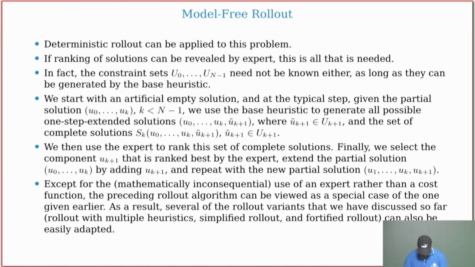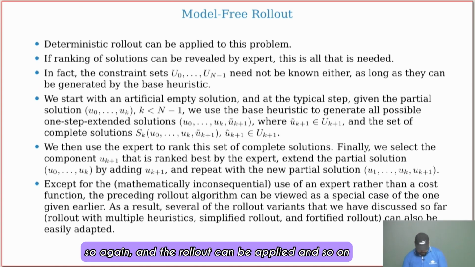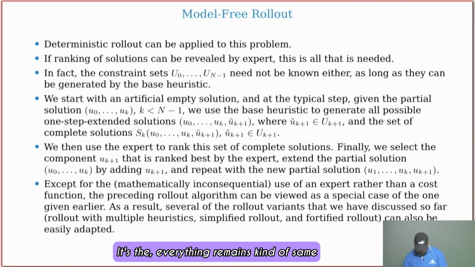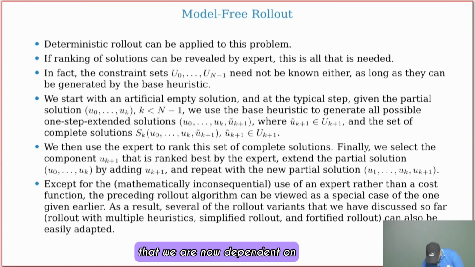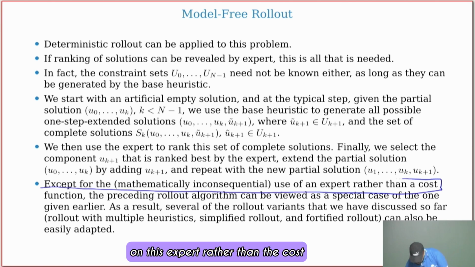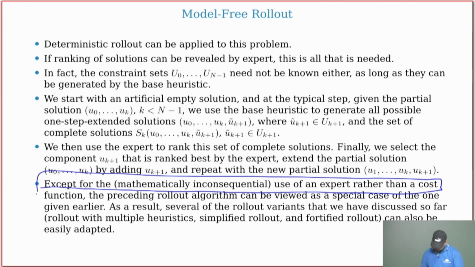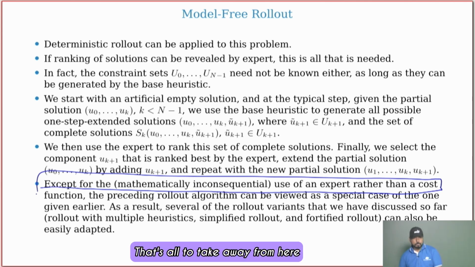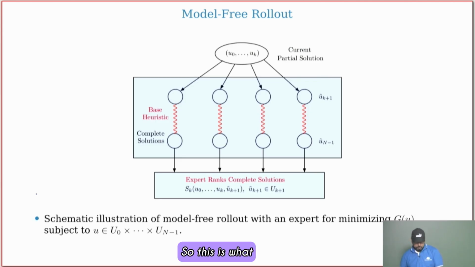Again, the rollout can be applied, and everything remains kind of the same. The only thing is that we are now dependent on this expert rather than the cost. That's all to take away from here. This is what the illustration looks like.